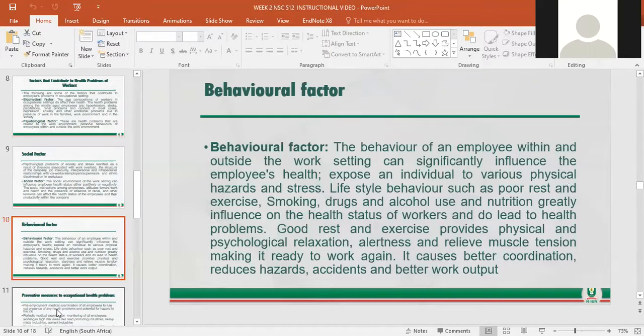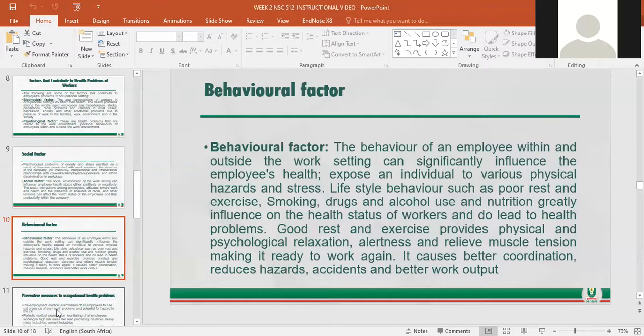In fact, this behavioral factor is very essential because many times the workers themselves do not take their health very seriously.